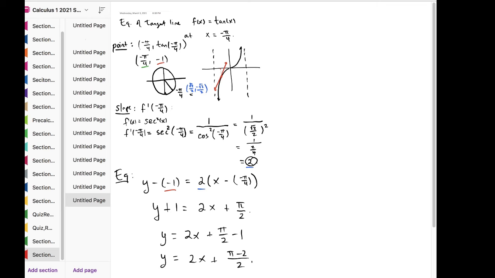Okay, questions about this one? Okay. Let's do tangent at 0.